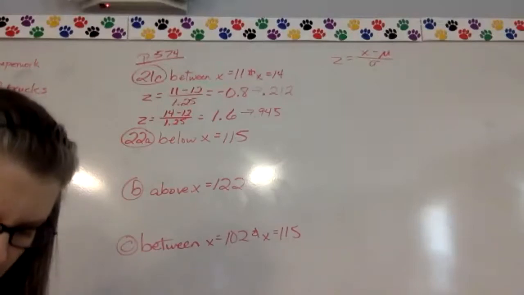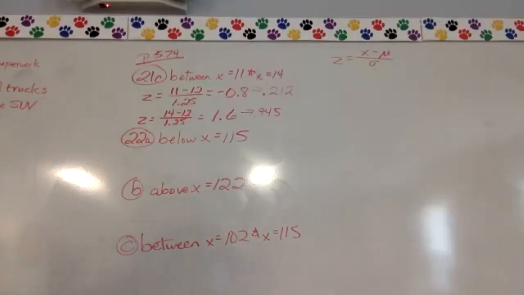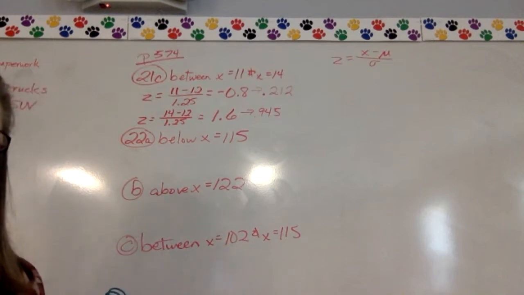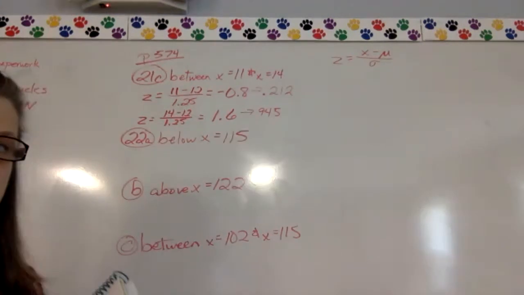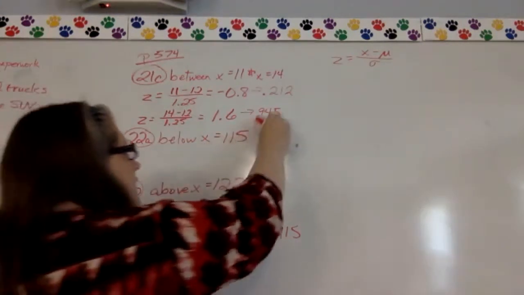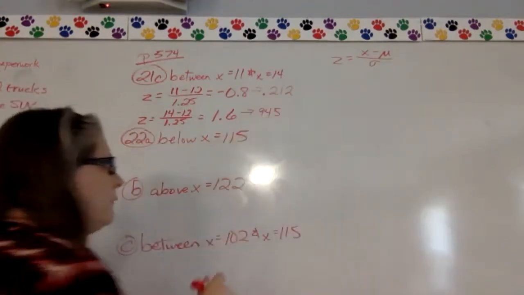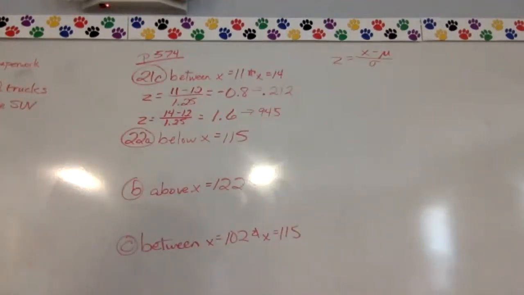So I'm going to subtract these two numbers. When you're subtracting these, your answer is going to be positive, so you put the biggest number first. Which one of these numbers is going to go first, 0.212 or 0.945? 0.945.